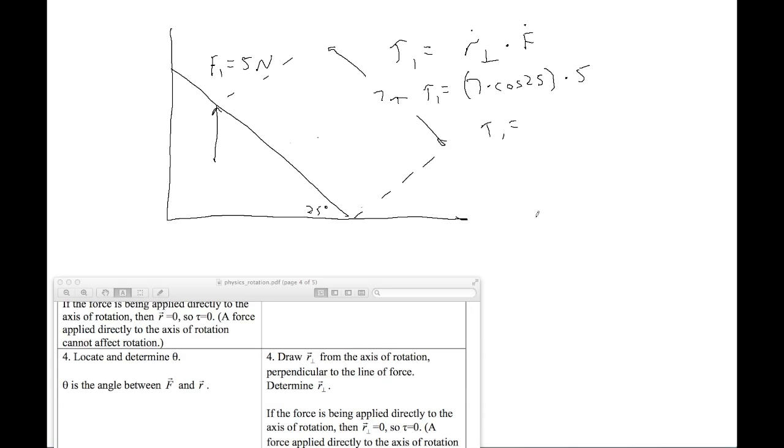And in this case, if my pivot is at the bottom, it would be a clockwise torque, so it would be a negative overall torque. And so the final answer would be the torque from force 1 would be negative 31.7 Newton meters.